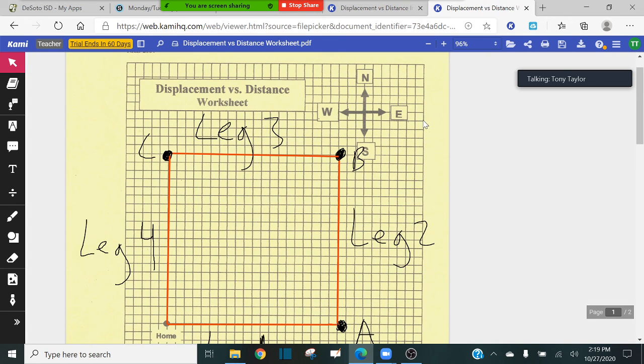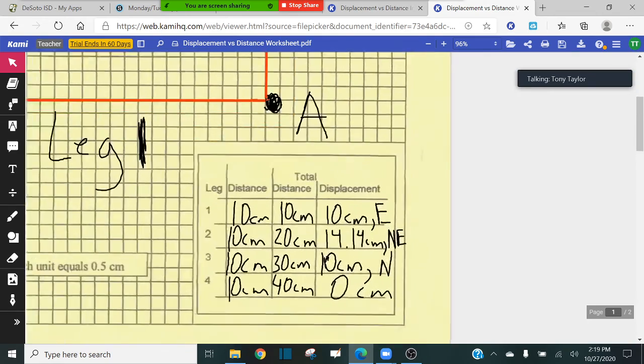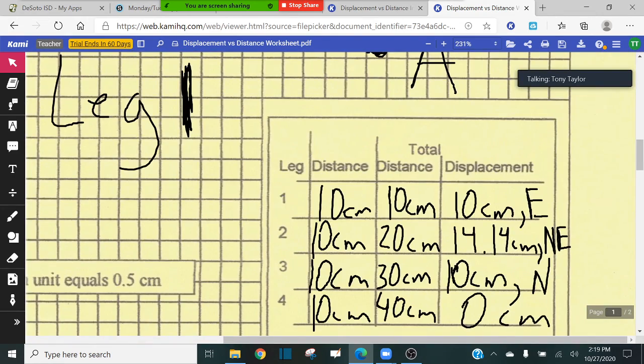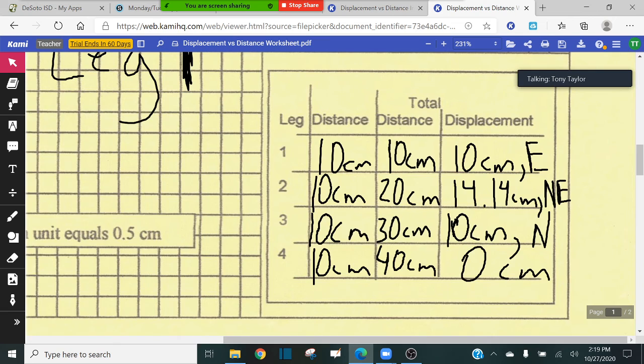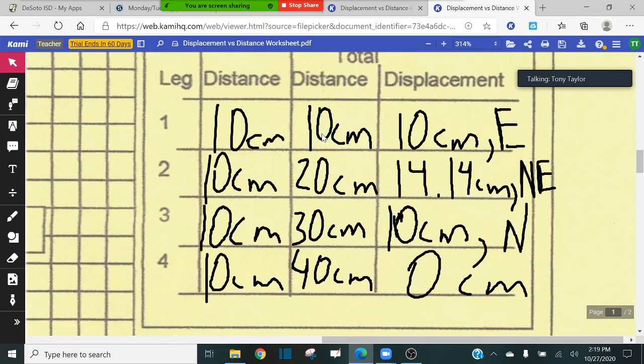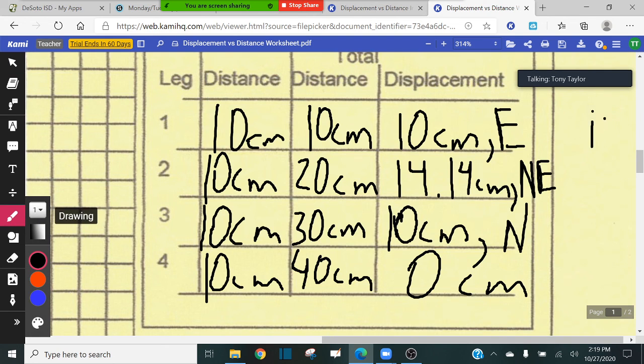Anything that's going east is positive. Anything going west is negative, right? So same thing if you were going up, down, right or left. Basically same convention. So with that said, guys, if something has a displacement that is 10 centimeters to the east, basically you would say that's a positive displacement. So you could also write that like this.